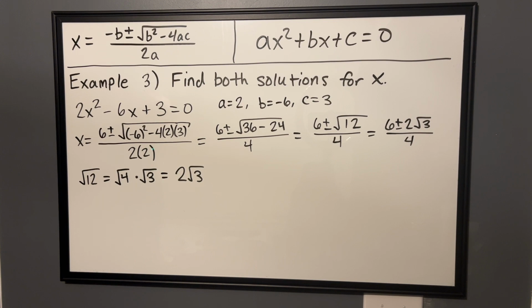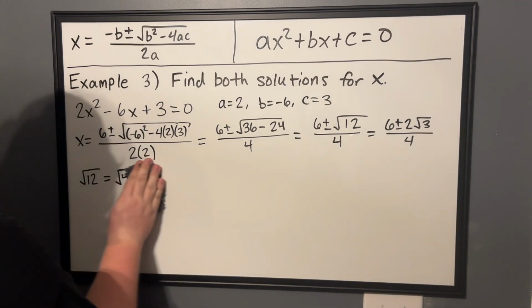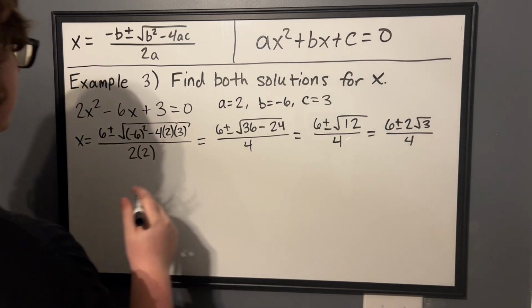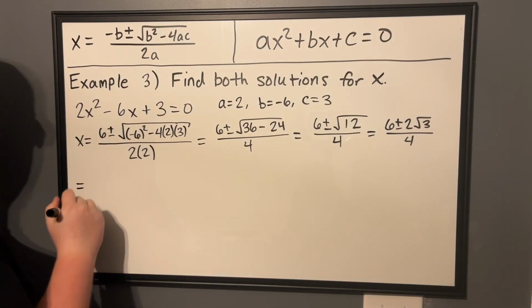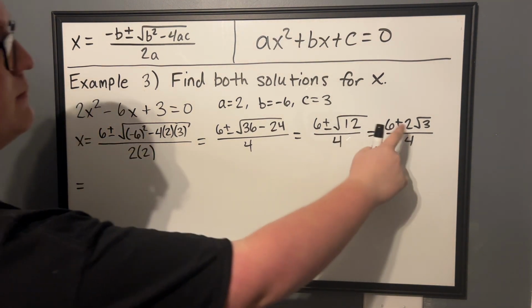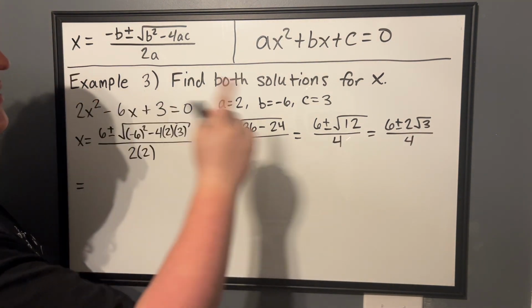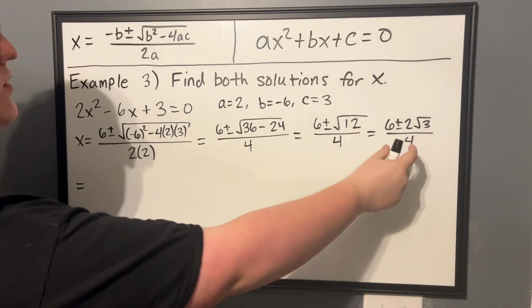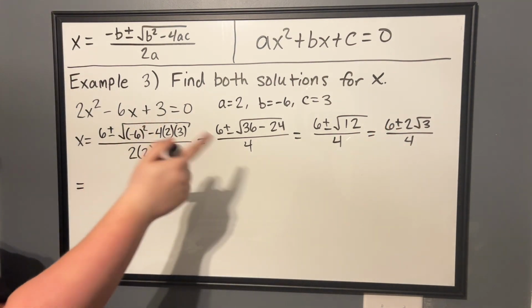Now there is one more thing that we can do with that because we're able to factor out a number from every single one of those terms. So what we're going to do is we are going to try to simplify this as much as we can. And we notice that we can pull a 2 out of these terms, and we can pull a 2 out of the 4, right? So this can really simplify.